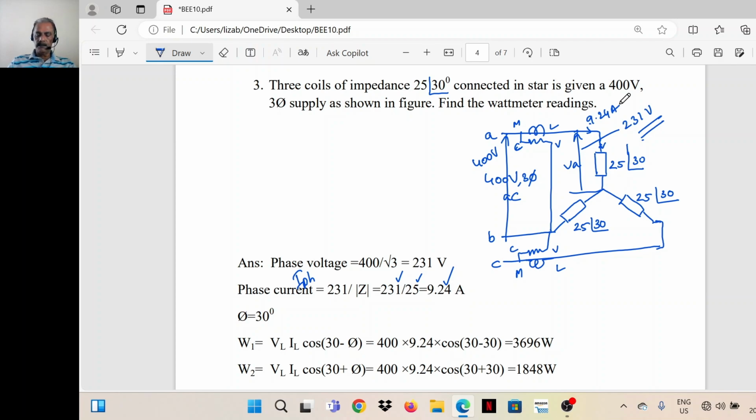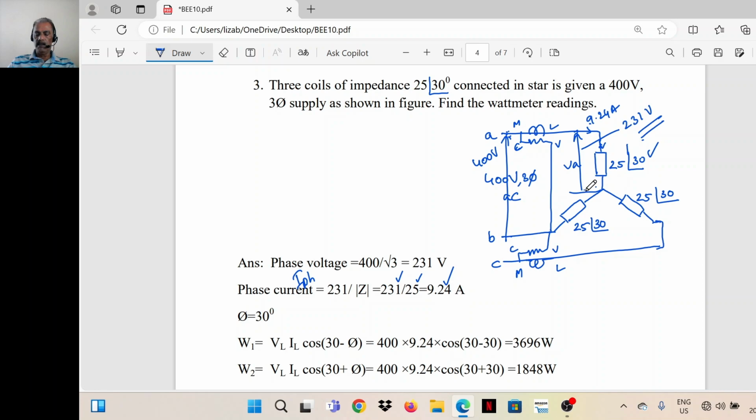The power factor angle is 30 degrees. It is given in the question. Line voltage is given in the question. Using that, we found out the phase voltage, line voltage divided by root 3. Line voltage is the voltage between two lines. Here I have marked VAB, which is 400 volts.